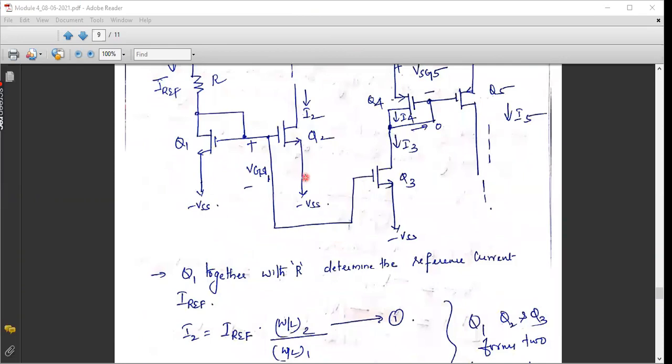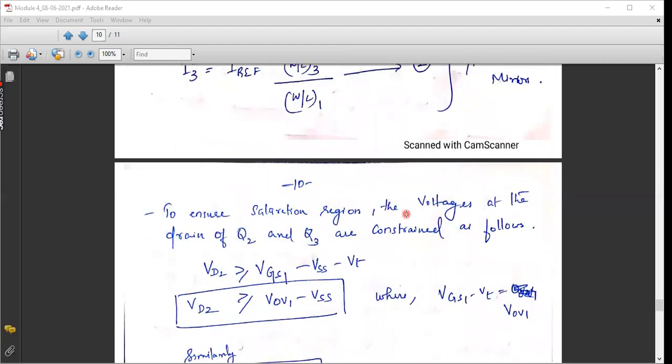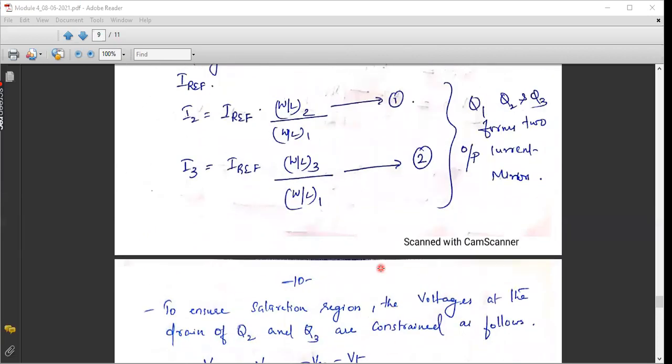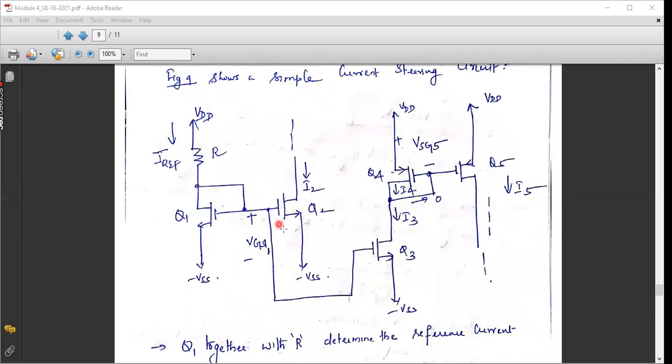Okay, now we will try to define the condition to make Q2 and Q3 operate in saturation. I told you, if you are considering the NMOS transistors alone, Q1, Q2 will form a current mirror circuit. Similarly, Q1, Q3 will also form another current mirror circuit. And for the faithful current mirroring process, the transistor should be in the saturation region. And what is the condition for saturation of an NMOS transistor?